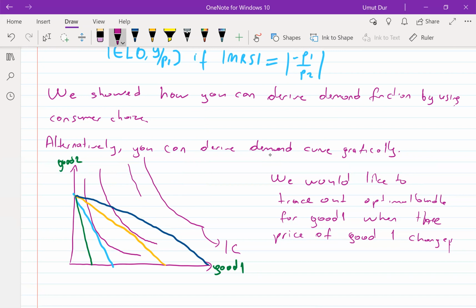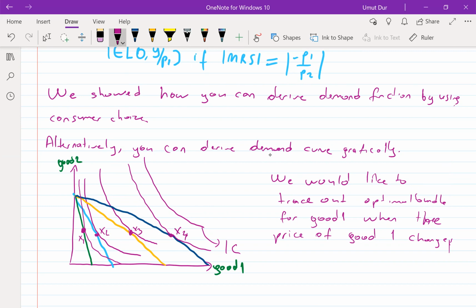So what I'm doing is basically finding the optimal bundles with respect to these different price levels. So this is the optimal bundle 1, let's say x1, this is x2, this is x3, and this is x4.